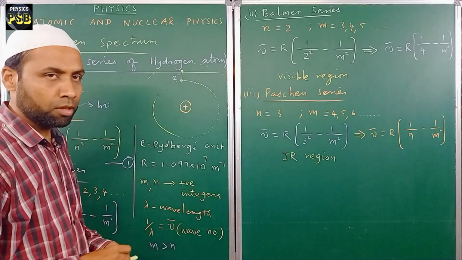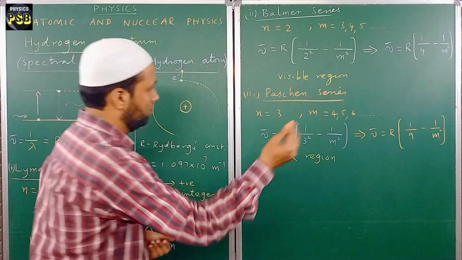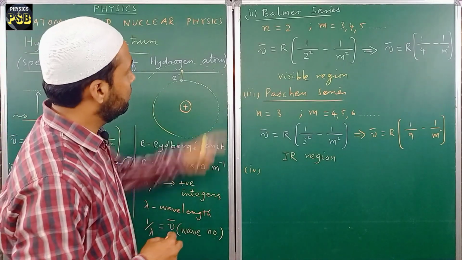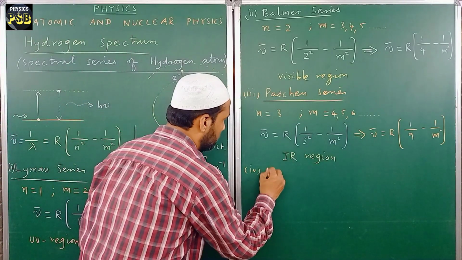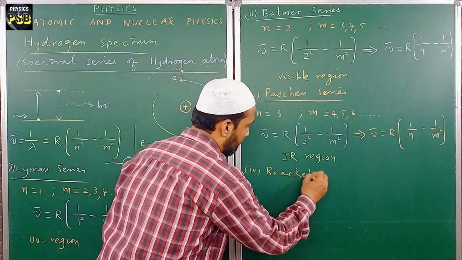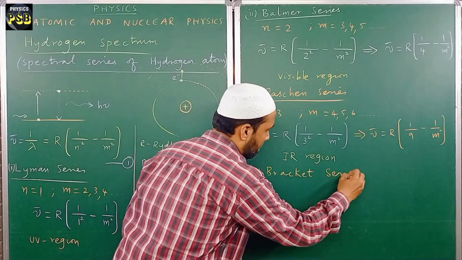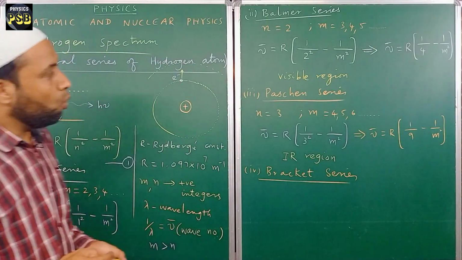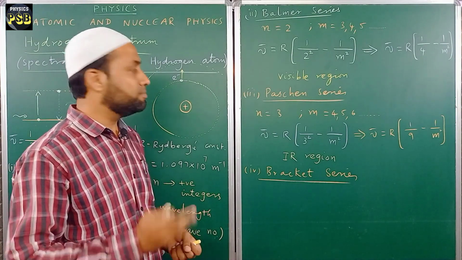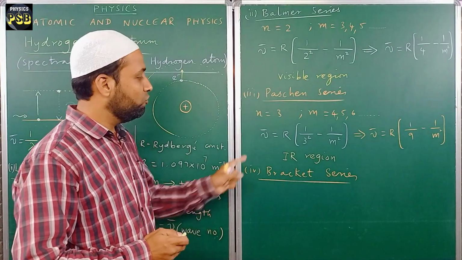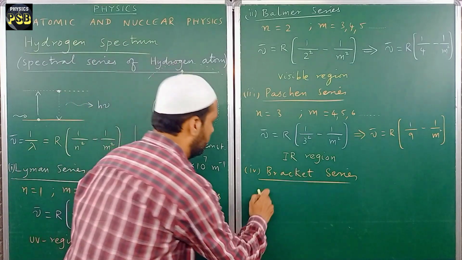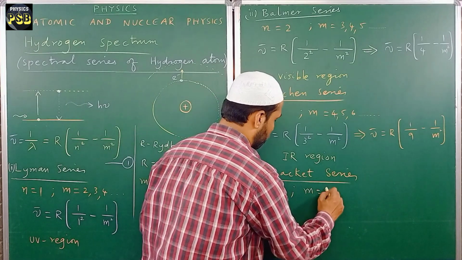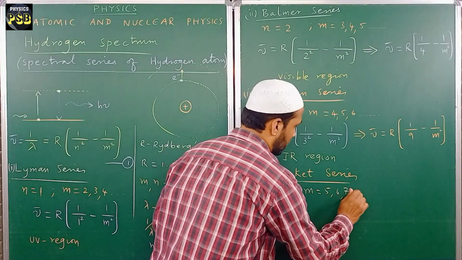Then the fourth series, after Lyman, Balmer, Paschen, is the Brackett series. When electrons from outer energy levels jump to the fourth energy level, we get the Brackett series. So n is taken here as 4, and m is nothing but 5, 6, 7. It goes on.